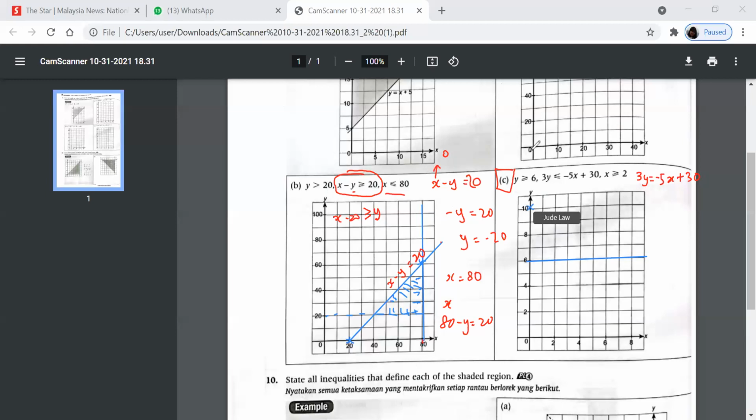And then one more. What are you going to put? Now you are clever already. Don't go and put x is 0 again because it's done already. So y is 10. Then one more point, y is 0.